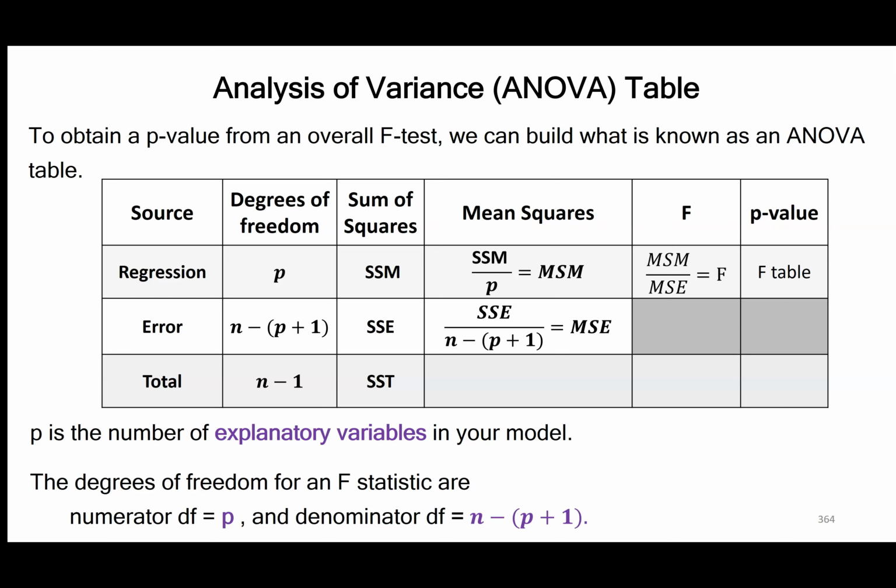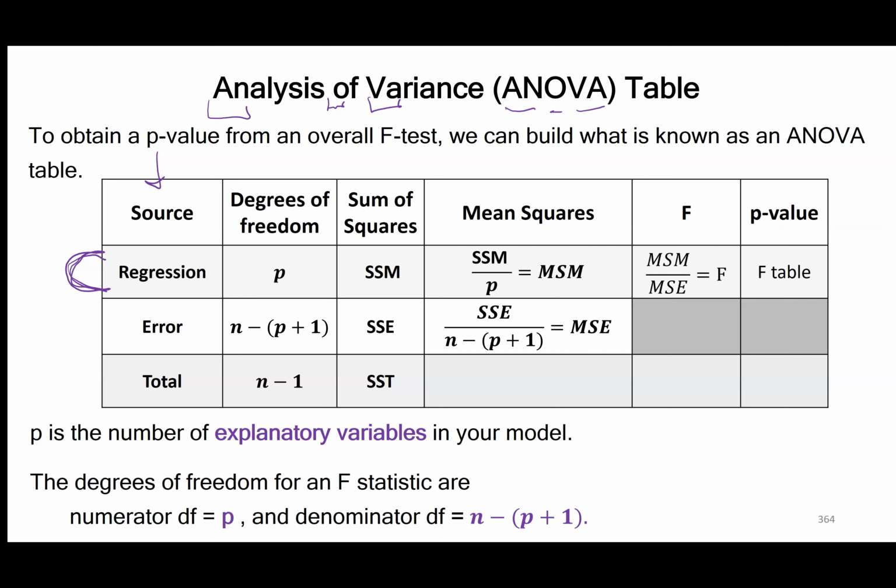So here's an ANOVA table. It's analysis of variance, ANOVA. That's where all those parts come from. In order to do that, we have our ANOVA table. We're going to have a place that says source. So regression, this is going to say, hey, this is the model.